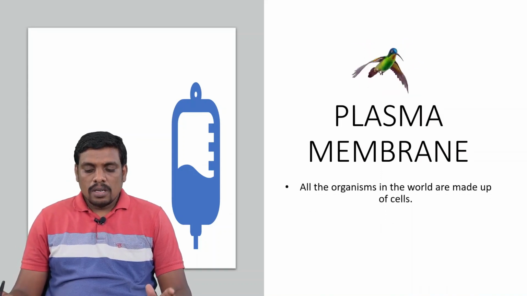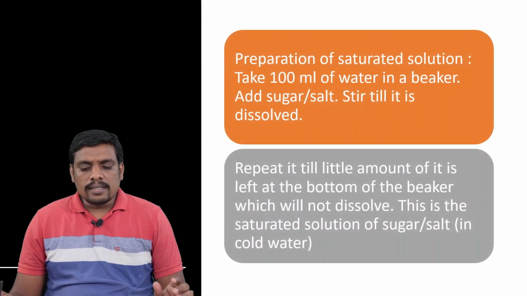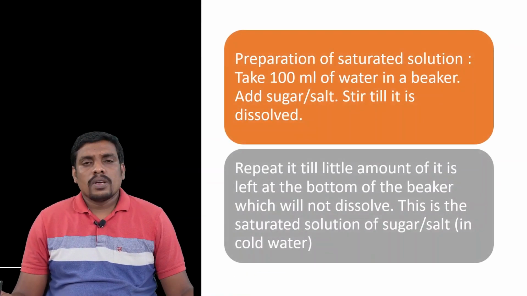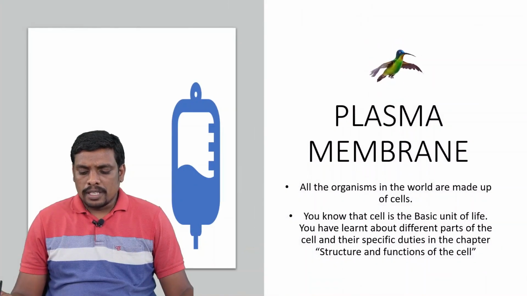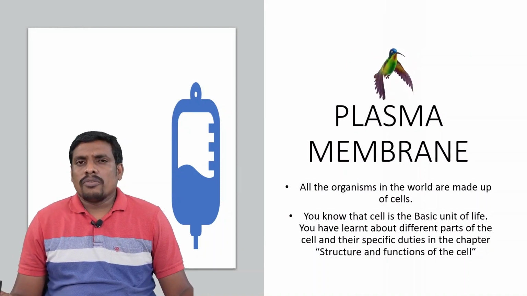Students, as we know, all living organisms are made up of cells. Cells contain cell organelles and cytoplasm, and as I discussed, the cell is covered by the cell membrane, which gives protection to the cell from external shocks and injuries.